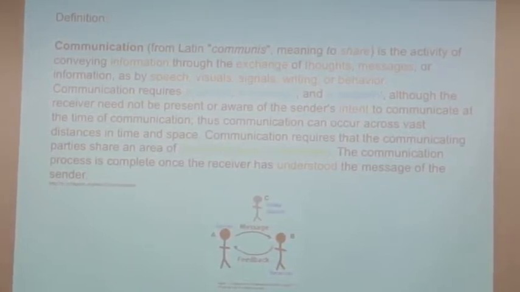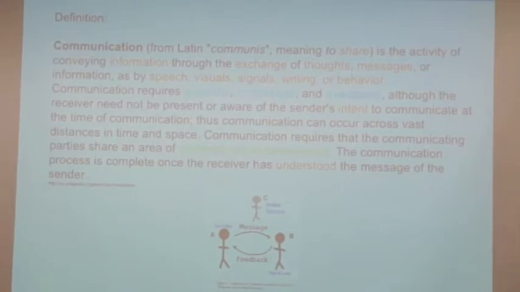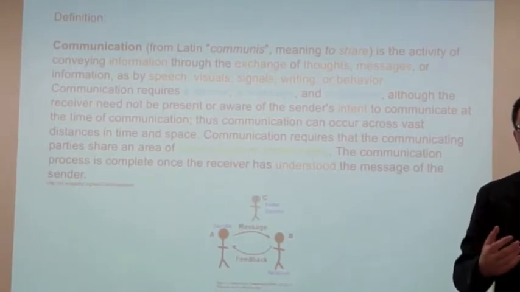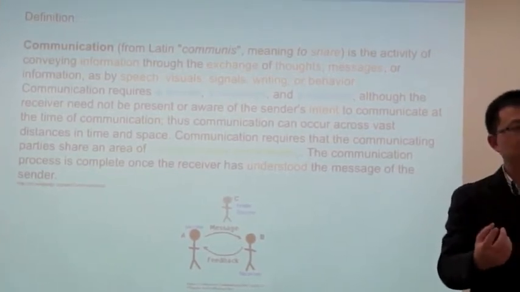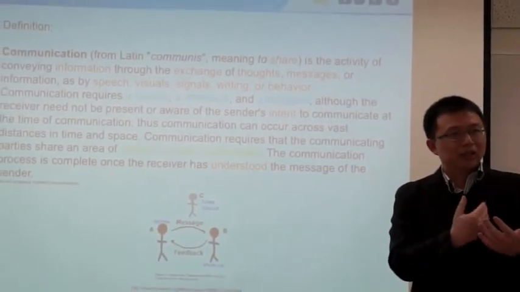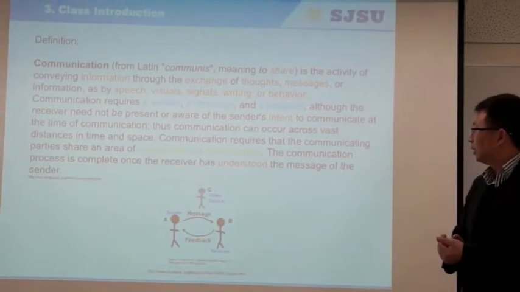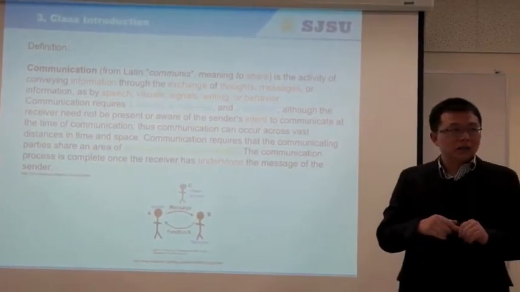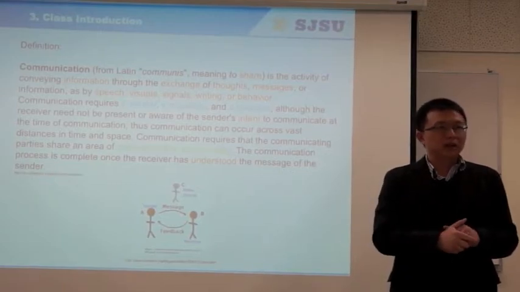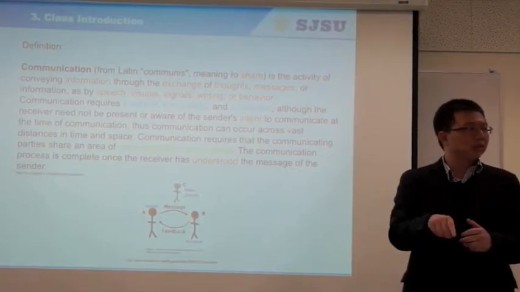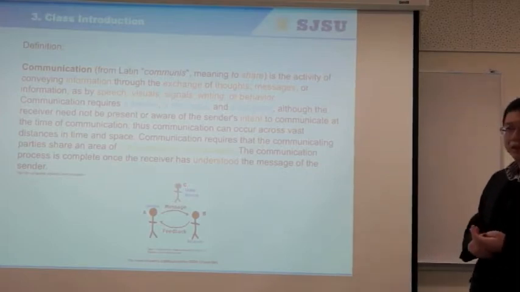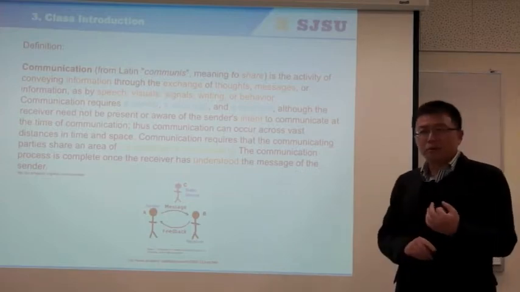Even when we say computer and human, or mobile and human, it's the same thing. We're trying to let the computer understand what you want them to do. We try to let you understand what kind of message they're sending back to you, so they can proceed your command, provide feedback, and you know if your command has been proceeded. So you've got to have a sender, a message, and a response.